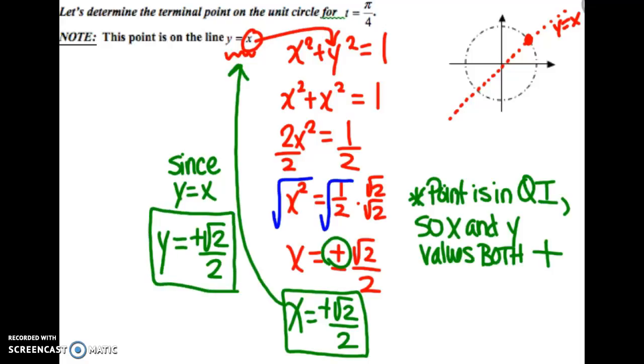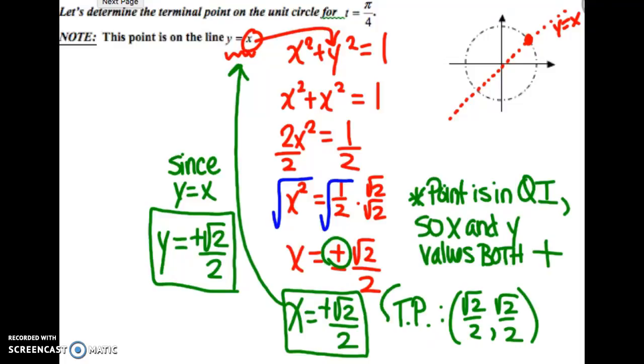This is a very common terminal point on the unit circle that we talk about all the time, and you may remember that from when we learned about the unit circle in our introduction to this chapter. So the terminal point then, if we're going to write our answer as an ordered pair, because technically it is, would be (square root of 2 over 2, square root of 2 over 2). So we found the terminal point on the unit circle for pi over 4 using trigonometry.